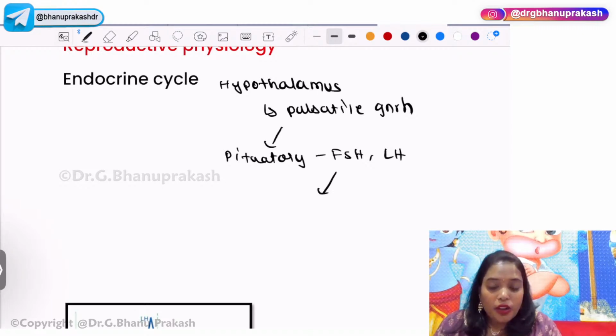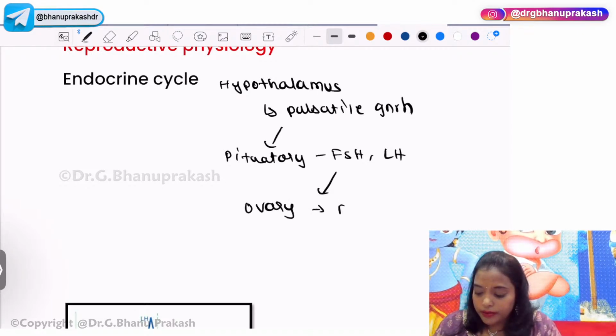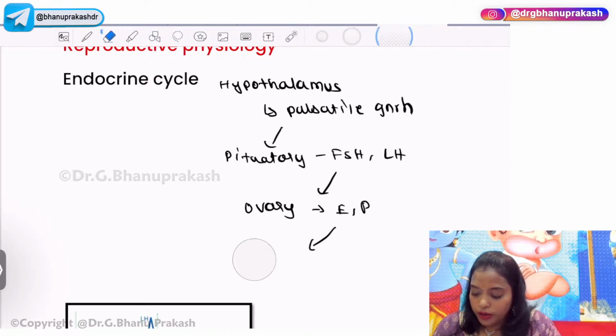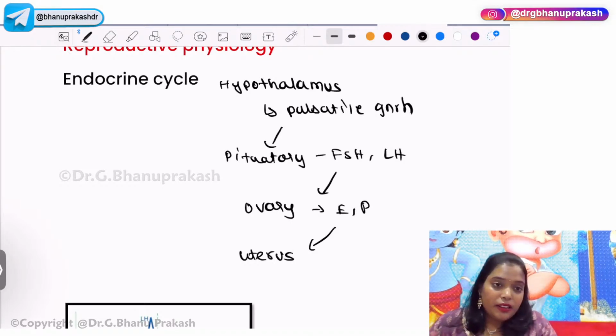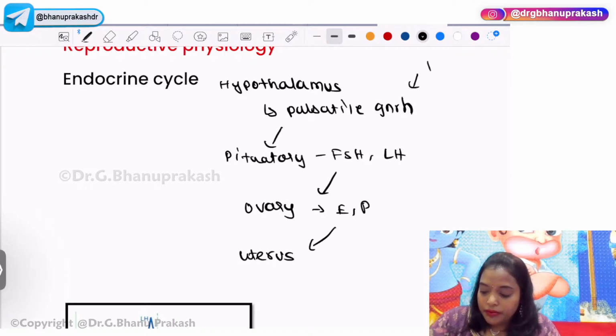That will act on the ovary to release estrogen and progesterone. That will act on the uterus. And for this to happen, you require leptin and kisspeptin.